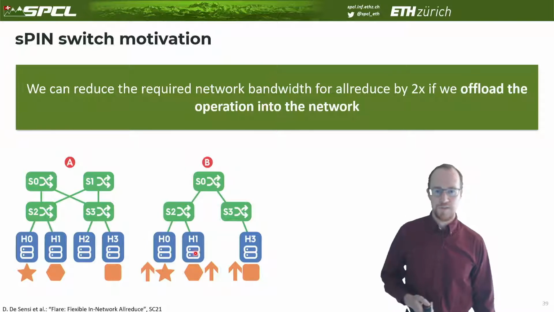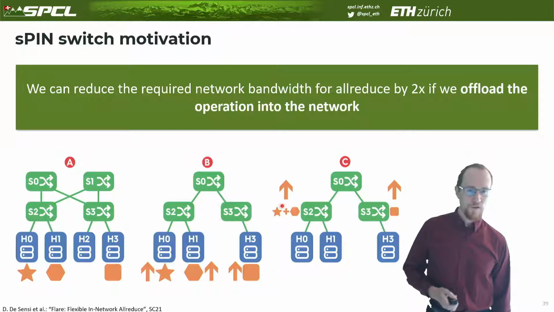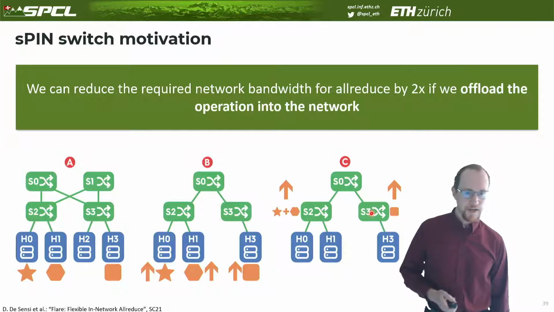So what do these endpoints do? Well, they have to send their data into the network to the next green switch. Each of those does it. Then in the in-network reduce case, the green switch will actually already compute the sum, and you see that it has already halved the data volume. So if I was going to send this data, let's say to this host on the other side, by summing it up the tree, it has halved the volume.